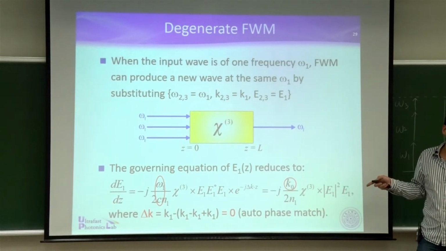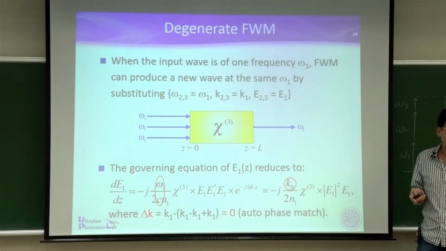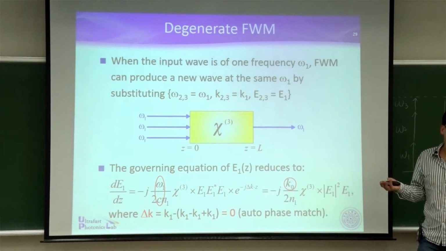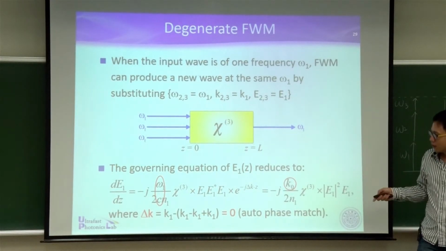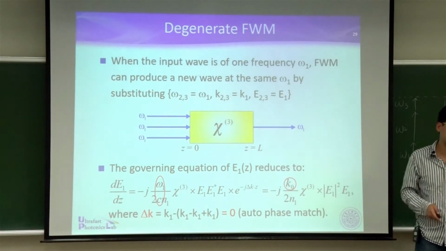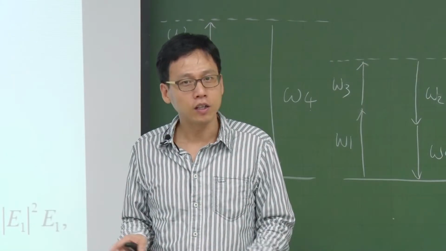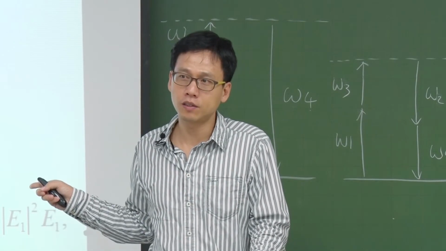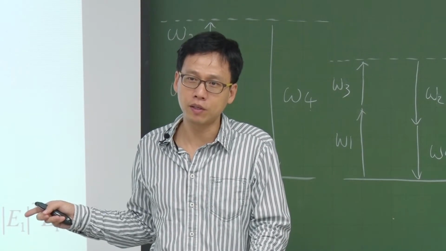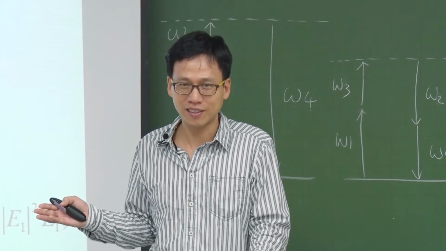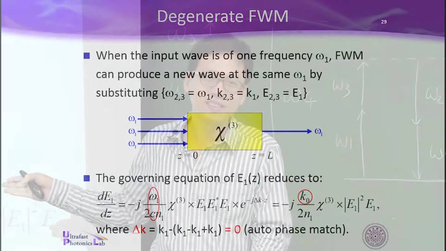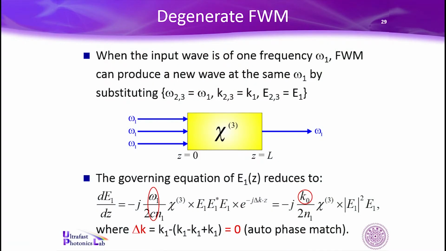But in this special case, degenerate four-wave mixing, since there is only one frequency involved, dispersion is no longer a problem. And you have always zero delta k. It means the following thing will happen almost universally. Without doing anything, this will happen. The Kerr effect will happen.